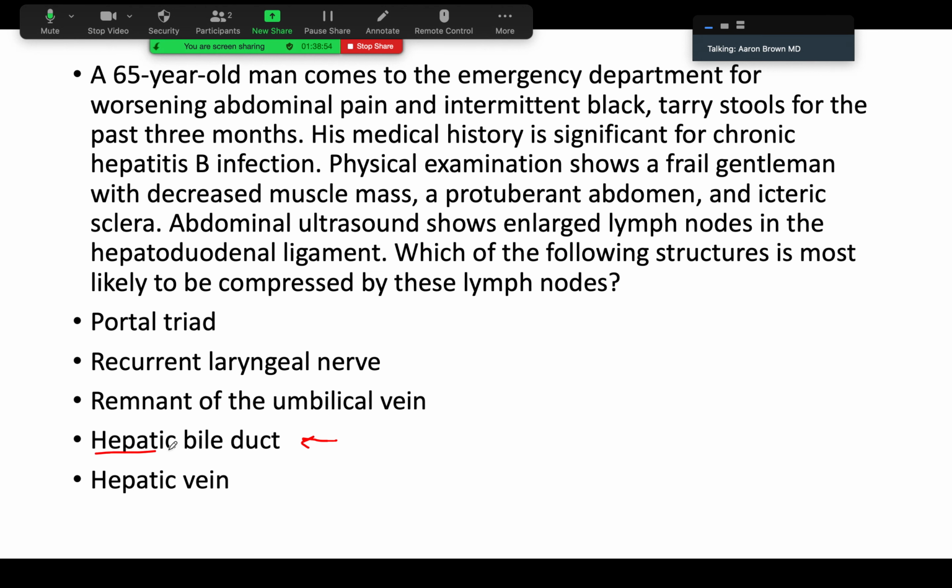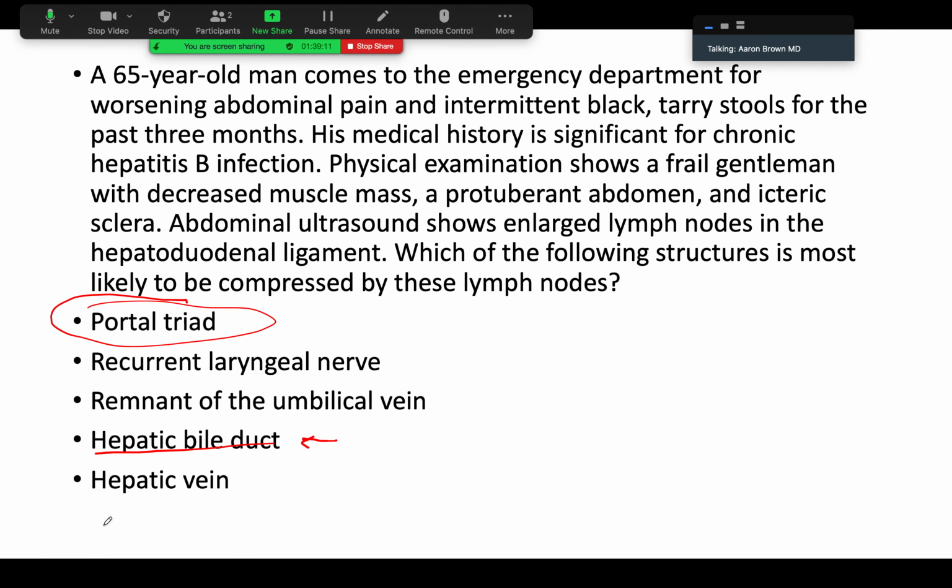And this answer is wrong because the hepatic bile duct is not in the portal triad. The common bile duct is within it, right? Yeah, good. Excellent. You're absolutely right. Portal triad. Very good.